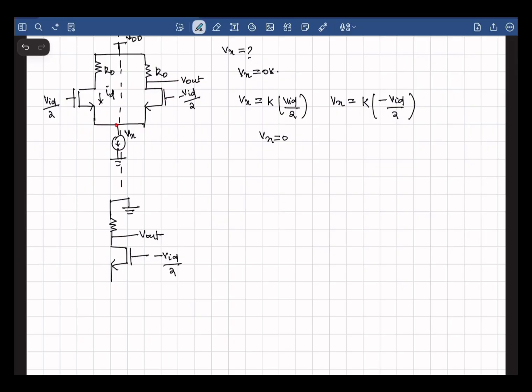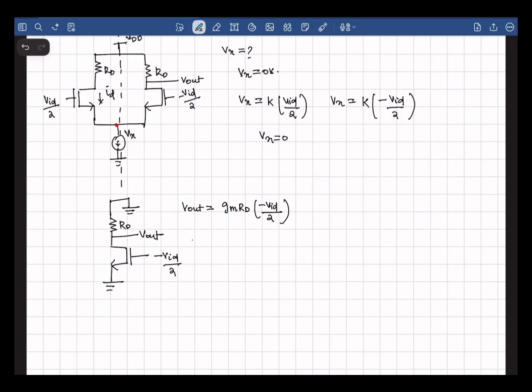VDD is grounded, it is an AC ground. This is a small signal model, and this is grounded too. Now we can easily find V out. The small signal V out is this RD, GM RD, minus VID divided by 2.